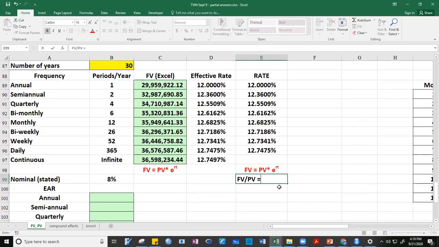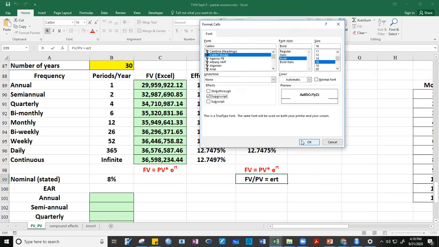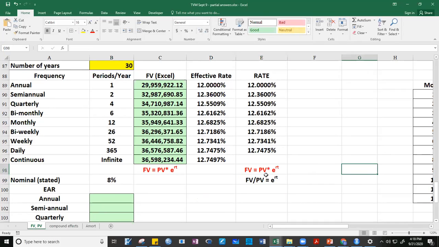No? Sir, divide yan. Divide. Okay. Ililipat natin si PV. Diba? Control 1. Superscript. Okay. So, dinivide natin si PV. Di ba linipat natin? Right?